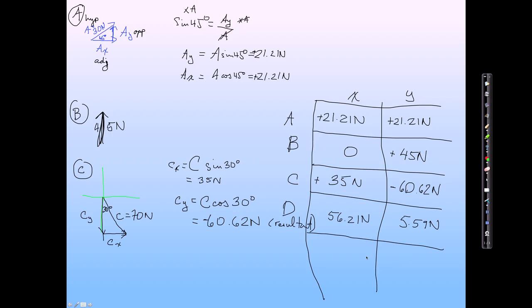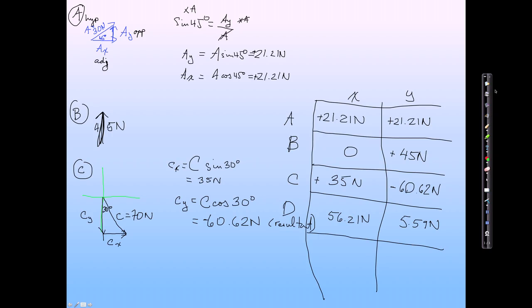And so because we have an x component and a y component, we can put those together using Pythagorean theorem, and then we can use trig to find the angle that this vector is oriented at, and then we'll have both the magnitude and the direction of the resultant vector, which means we'll be done.